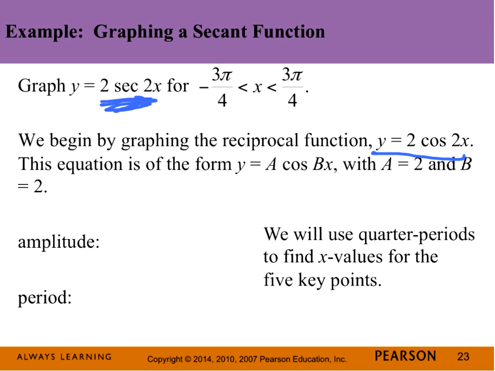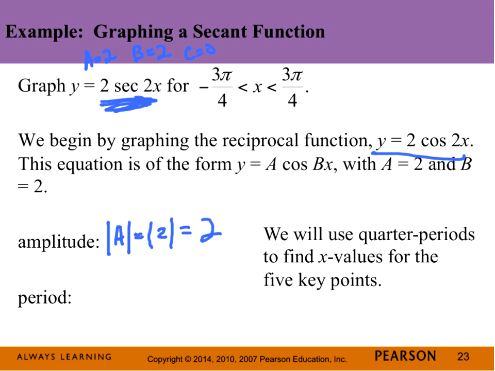So I'm going to actually follow the steps to graphing the cosine that we learned back in 4.5. And the first thing we have to find is the amplitude. And we find that the amplitude is the absolute value of A. In this case, A is 2 and B is 2. C is 0 there.